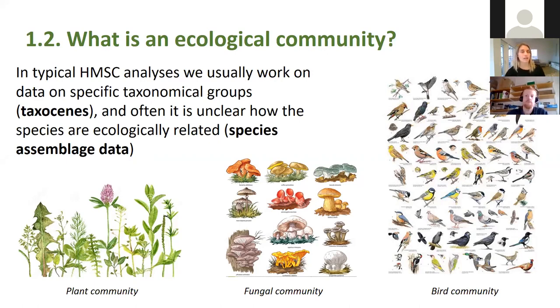And often it is unclear in our data how the species are ecologically related, meaning that, for example, if we are working with atlas data, where the data have been compiled at different time scales or the spatial scales are very broad, conceptually, it's difficult to know a priori, or we don't even know whether the species that we have are ecologically related.